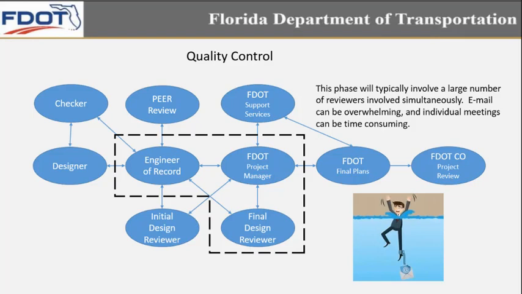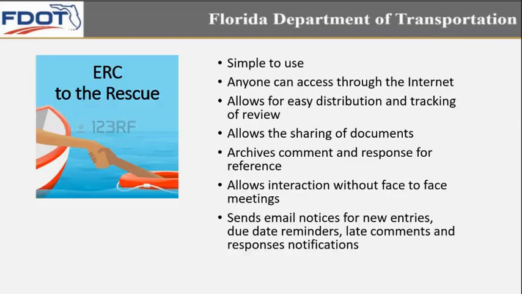And obviously with something like this, email can be overwhelming and individual meetings can be time consuming. As you can see in that little picture on the right, if you try to perform a review like this with email alone, you'll feel like you're going below the water. It's a lot of information to manage.